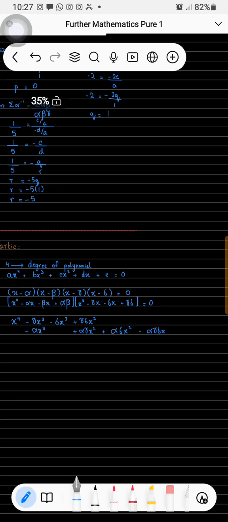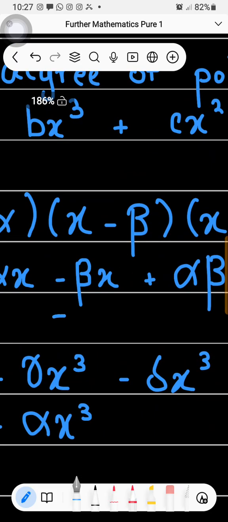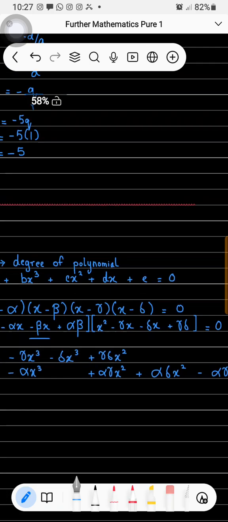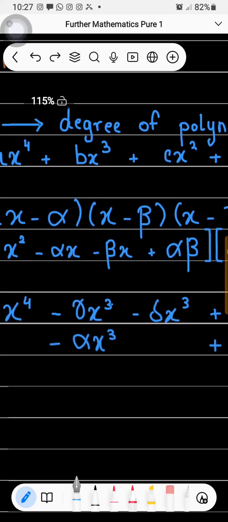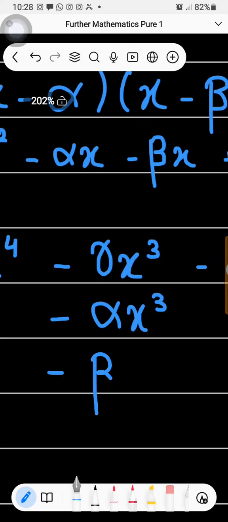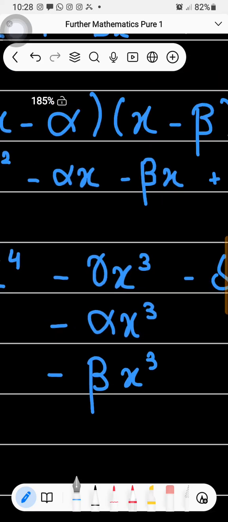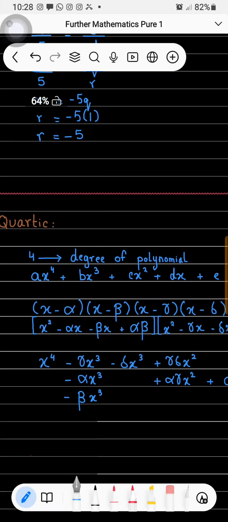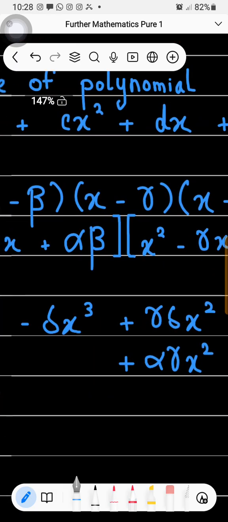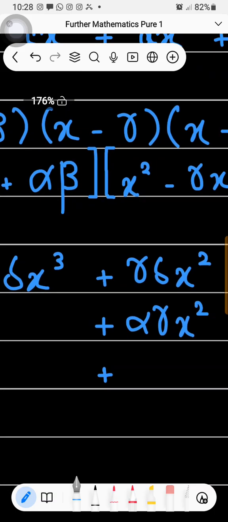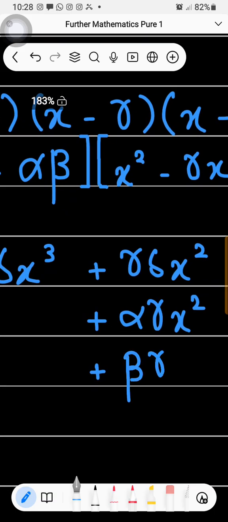Now we will multiply minus beta x with each term in the second bracket. When you multiply minus beta x with x square, it becomes minus beta x cube. Then minus beta x with minus gamma x becomes plus beta gamma x square.